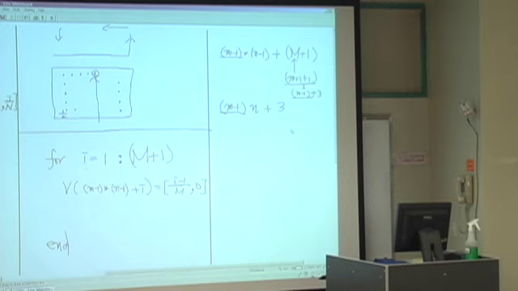I feel very strange. That should be, is 3 correct? Should it be 2?